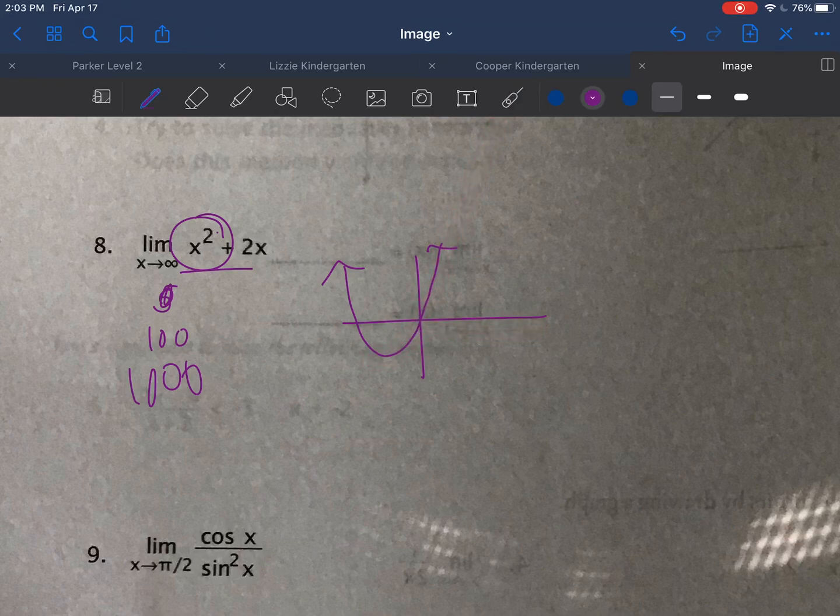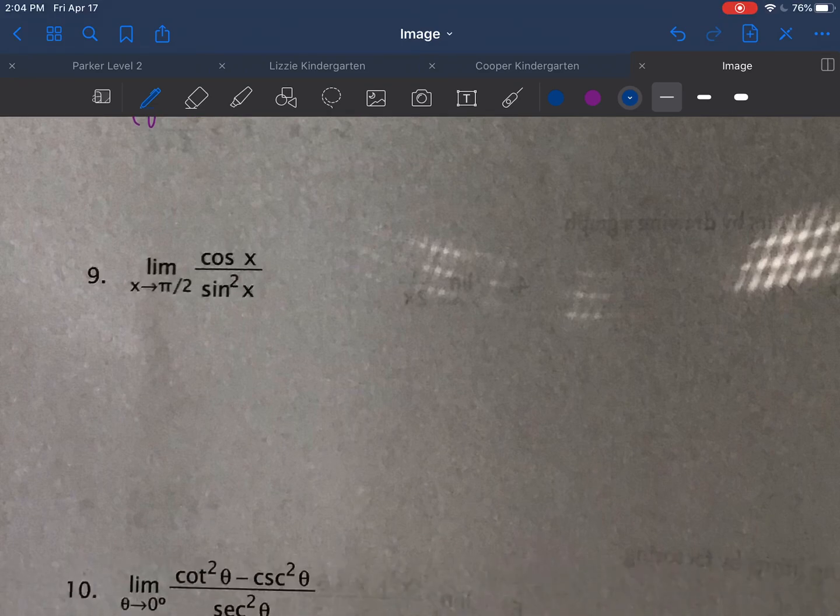So whenever it goes off into infinity, we say it does not exist. Because any increasing x value I plug in, my y value will continue to increase. There is no limit to how big my answer could be.